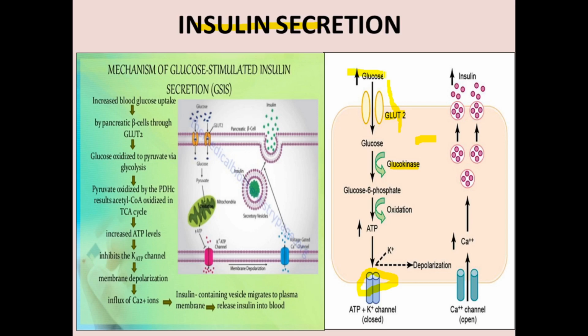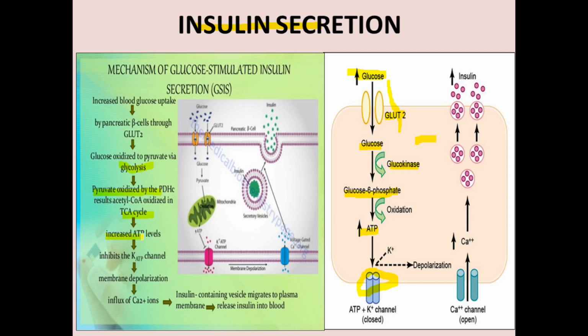Whenever there is an increase in the glucose level, the high glucose level will cause glucose to enter via the GLUT2 transporter into the beta cell. Once it enters, this enzyme acts on the glucose, and after that there is the process called glycolysis, and via glycolysis there is production of ATP.